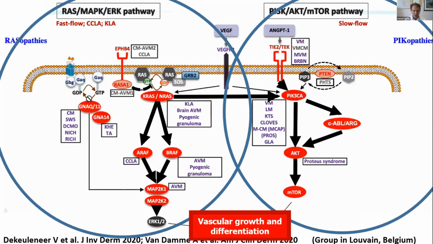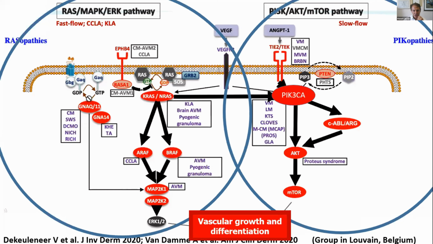And both of these pathways involve these genes that are involved in vascular growth and differentiation. So that's the growth and differentiation of vascular structures: arteries, veins, capillaries, and lymphatics. So if there's a problem with these genes, you can have a problem with arteries, veins, capillaries, and lymphatics.